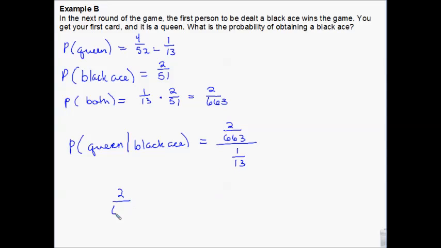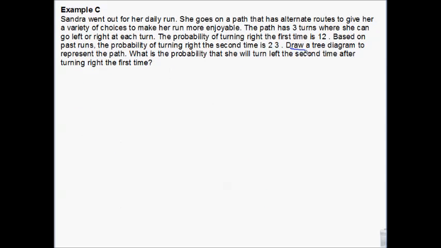So 2 over 663 times 13 over 1. And 13 happens to go into 663 51 times, in case you guys had your 13s memorized. I figured you did. So you have a 2 in 51 chance, which if you looked at that percentage-wise, is a 3.9% chance of that occurring. And the reason that one's low is because there's only 2 of them in the whole deck, right? So that reduces it down a little.